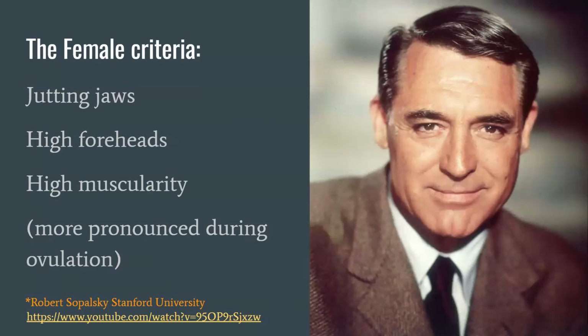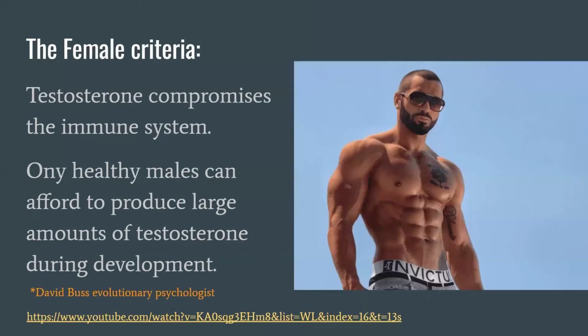Other things women look for: a jutting jaw, high forehead, high muscularity, and looking for those characteristics is even more pronounced during ovulation. Why is that? Because they're indicators of testosterone. And testosterone is something that enables you to be very muscular and cut and all of that stuff.